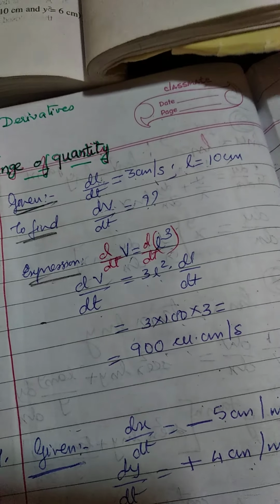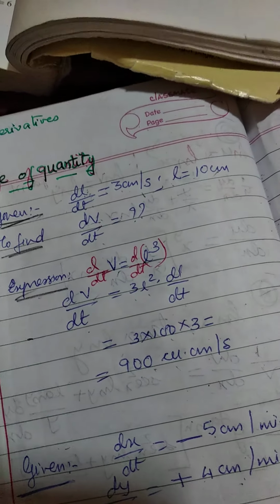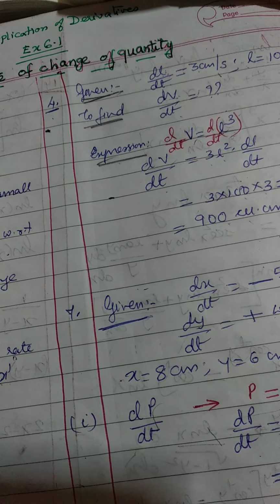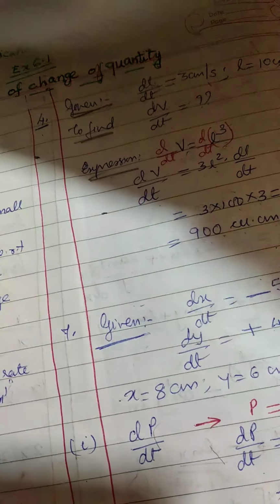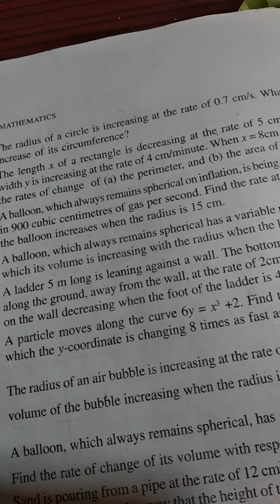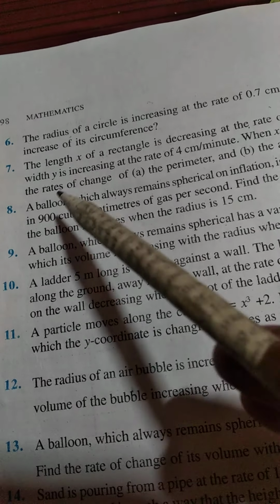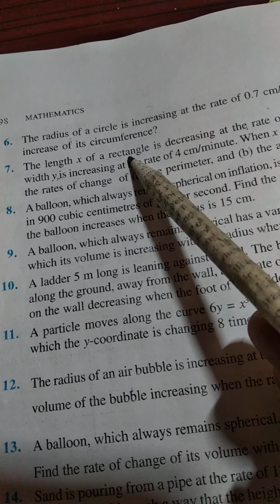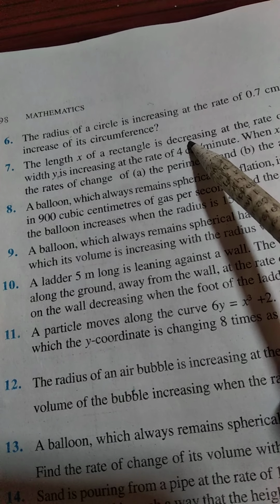The next question that I have taken is question number 7. Now in question number 7, the information that we have is the length x of a rectangle is decreasing.